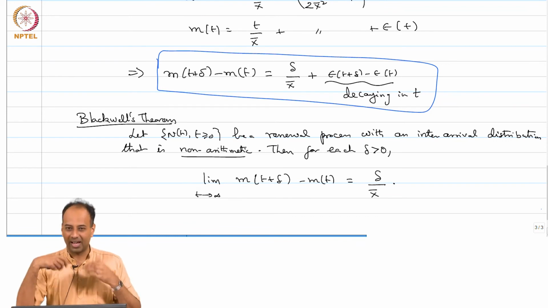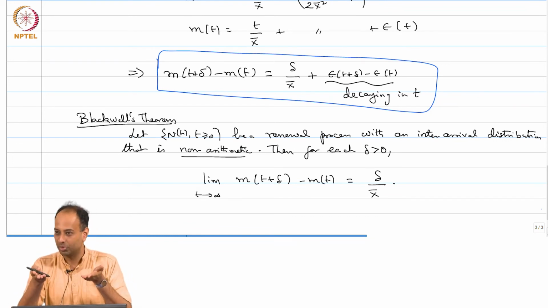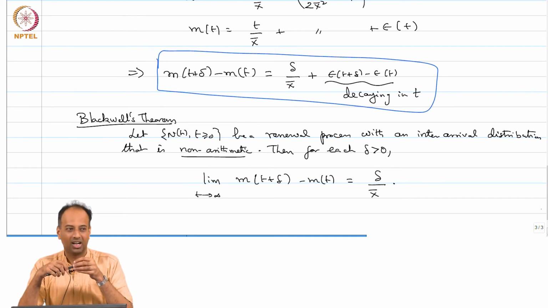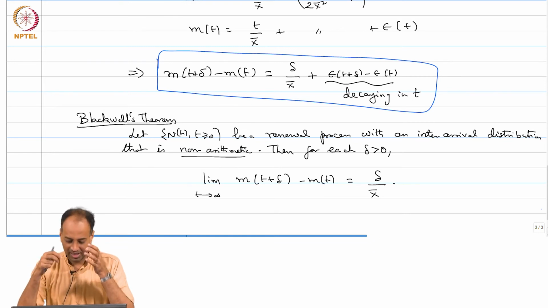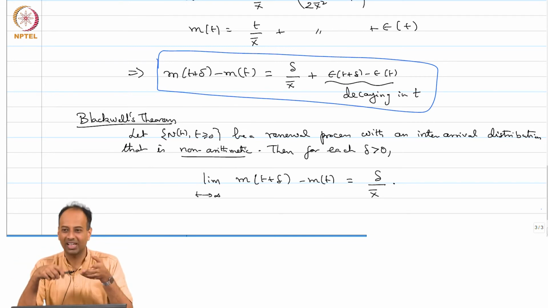So, an example of an arithmetic distribution is what I just gave you, right. It only renews at multiples of integers. A non-arithmetic distribution is basically the opposite of an arithmetic distribution. Now, what is an arithmetic distribution? It corresponds to a random variable which takes values, with non-negative probability, which are just some multiples of some parameter kappa.